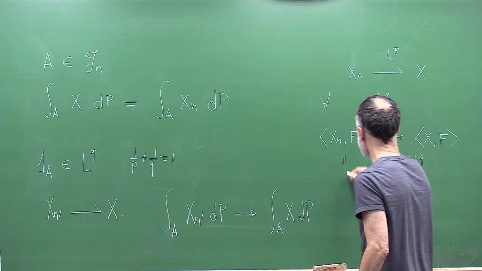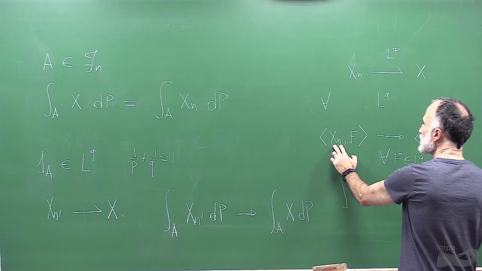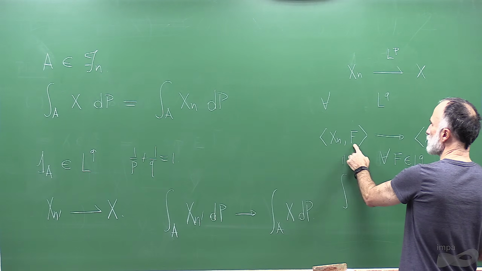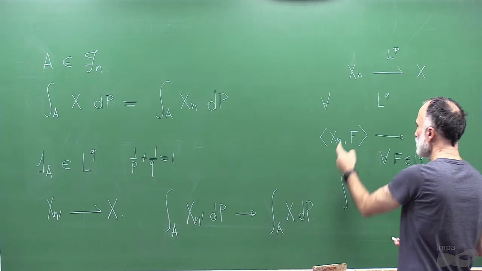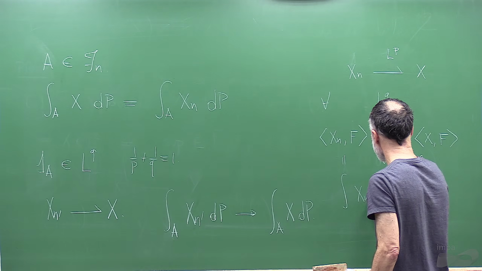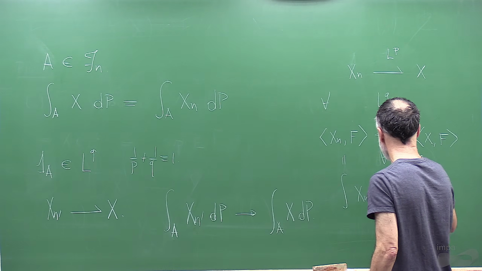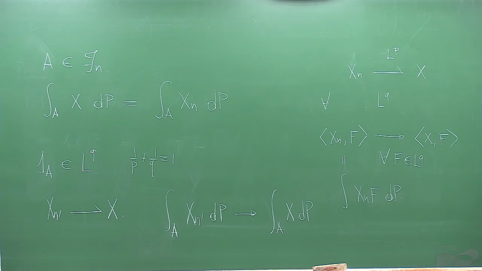So I'm taking xn as a linear function over LQ, which in our case is just a product. Okay, questions?